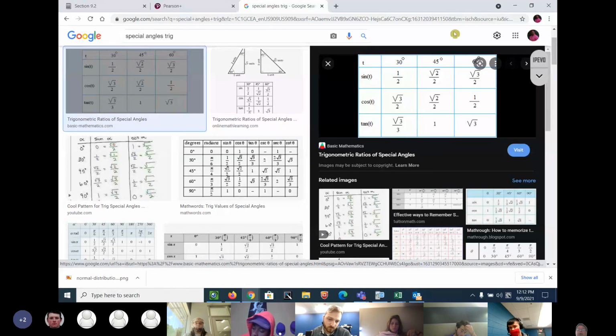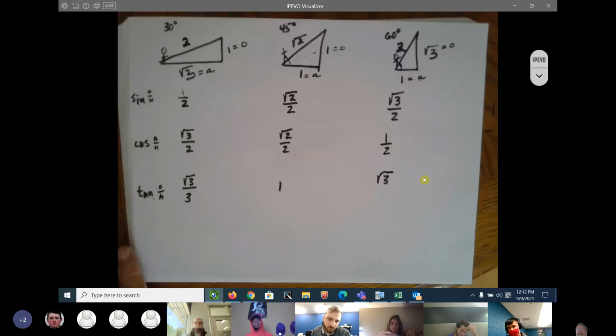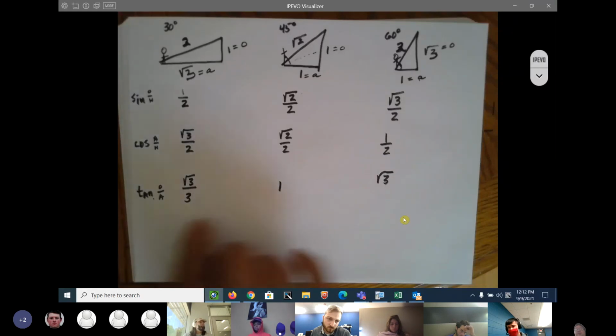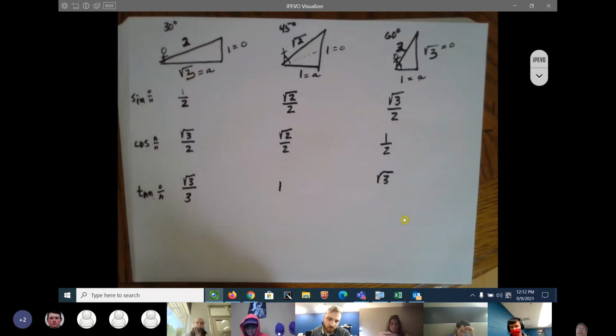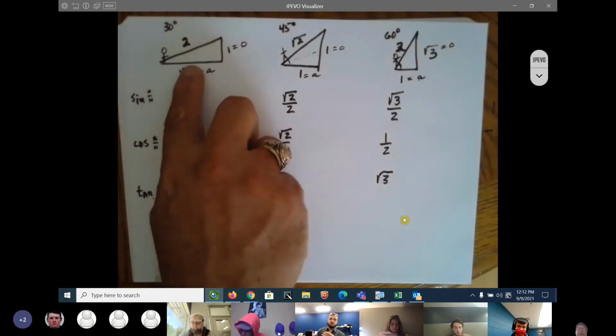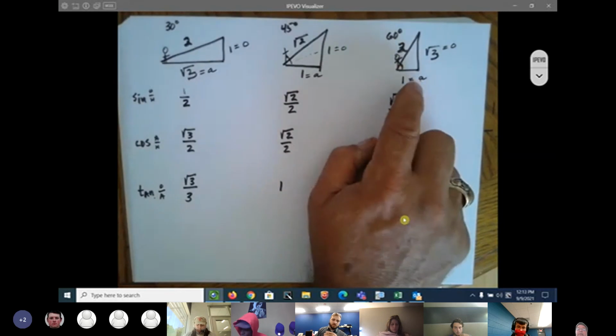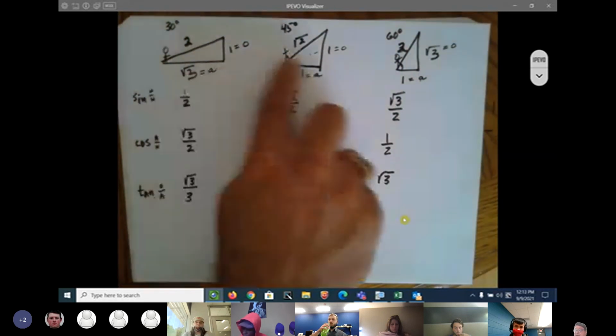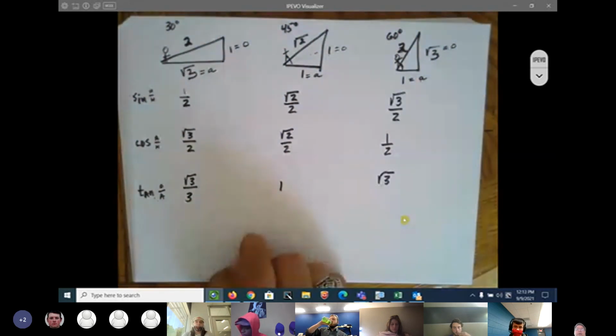Now I did that whole chart and I didn't memorize a dang thing. How many of you have been through pre-calculus and they told you to memorize? That's the worst thing to do. The best thing to do is remember the 3 triangles.